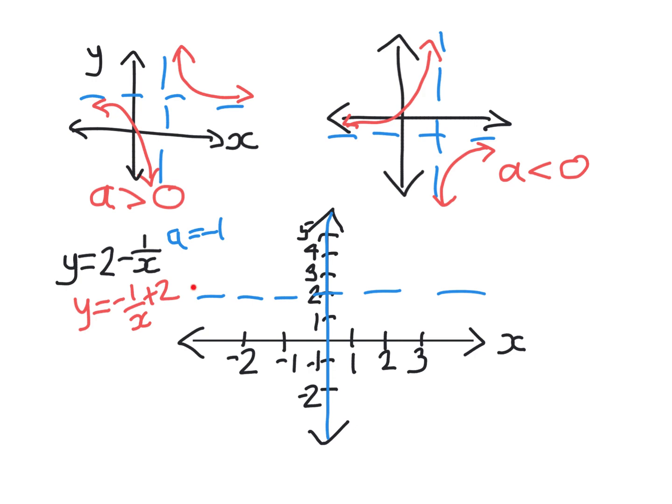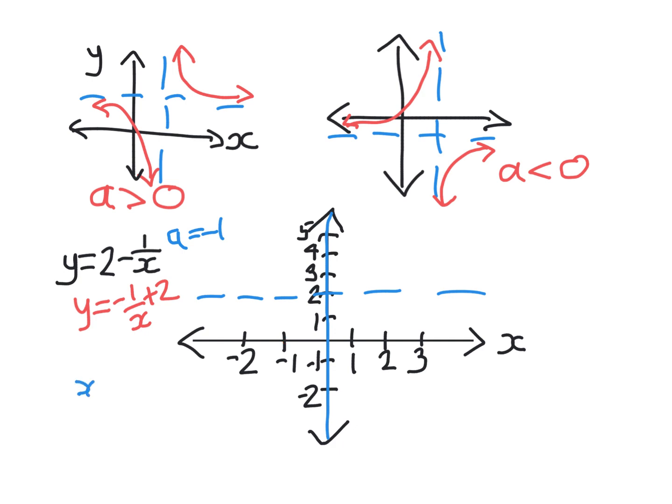So you can probably tell it's going to go like that, closer and closer to its asymptotes, and then down there. But you might need a point to help you know exactly, does it go here, does it go there? That's fine. So let's pick a point in this quadrant here. Let's pick x is equal to negative 1.